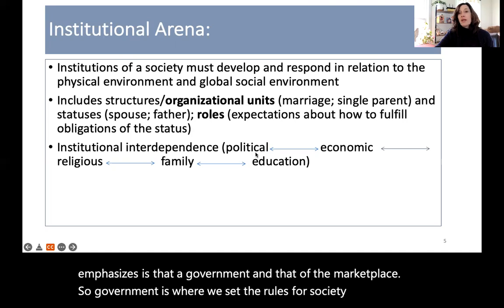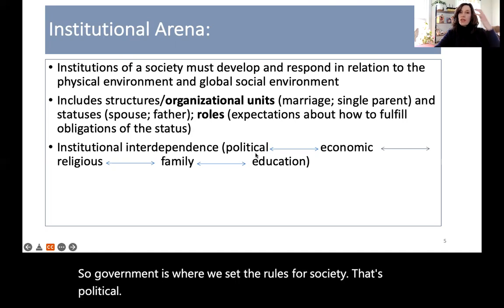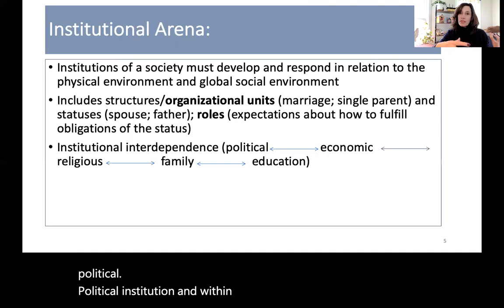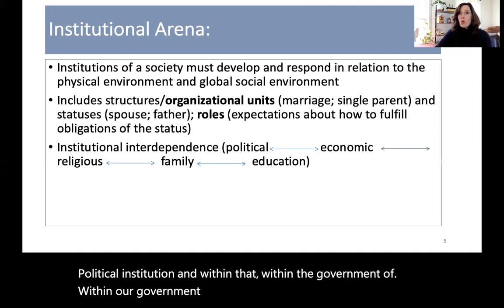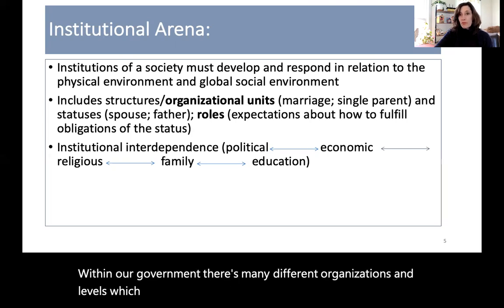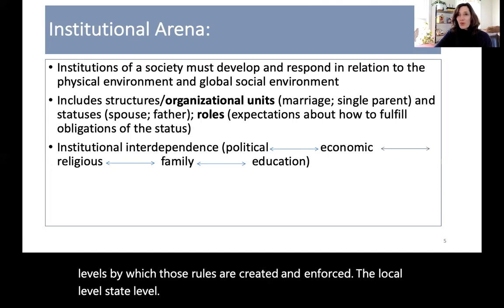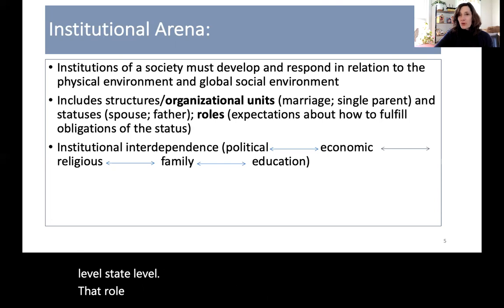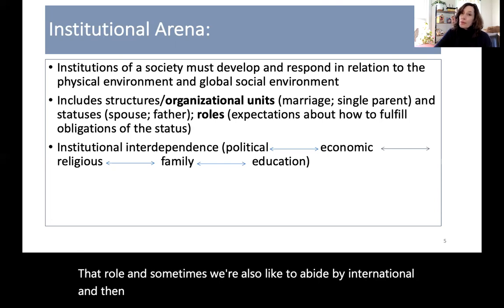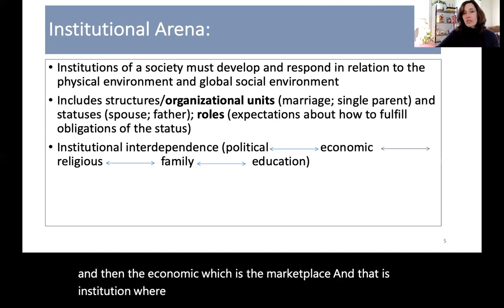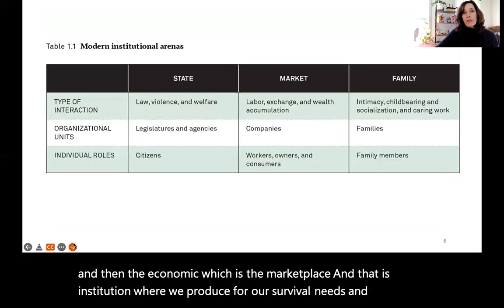That's the political institution, and within our government there are many different organizations and levels by which those rules are created and enforced: the local level, state level, federal, and sometimes we also like to abide by international. And then the economic, which is the marketplace. That is the institution where we produce for our survival needs and anything beyond that.